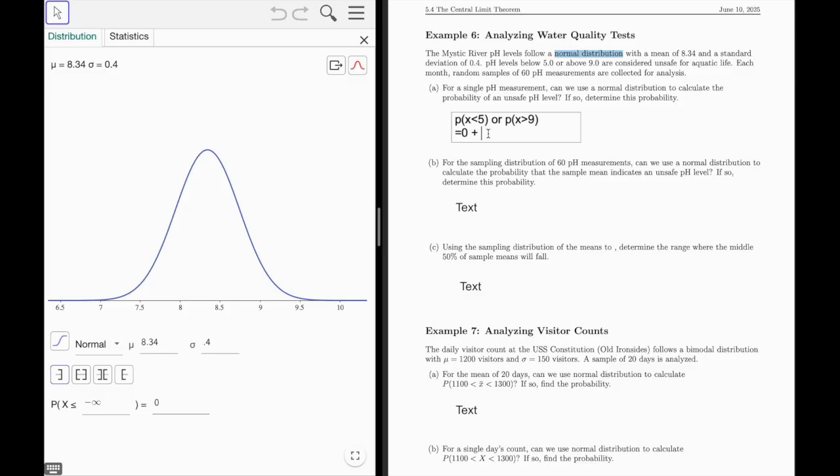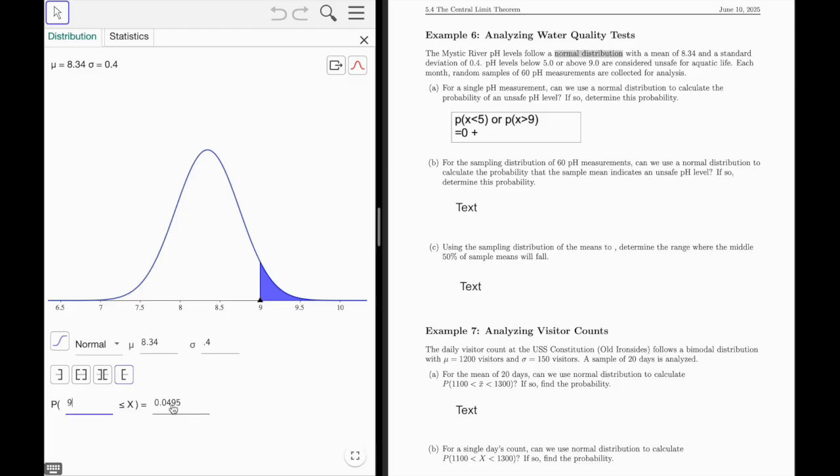So now let's find the probability that x is greater than 9. So now I'm doing greater than. So I need to switch to my right bracket. And I want to put in greater than 9. So you can verify the picture here. My arrow's at 9 and it's everything greater than.